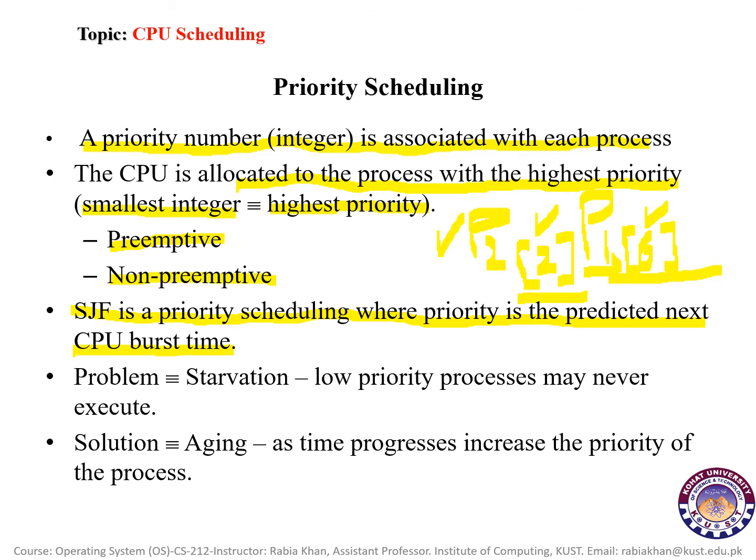But this algorithm has a problem. That's why it is very rarely implemented. And the problem is starvation. As we already discussed starvation in class, every process requires a CPU. CPU is like a source of energy for your processes.